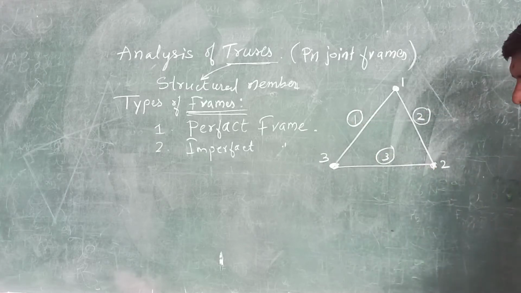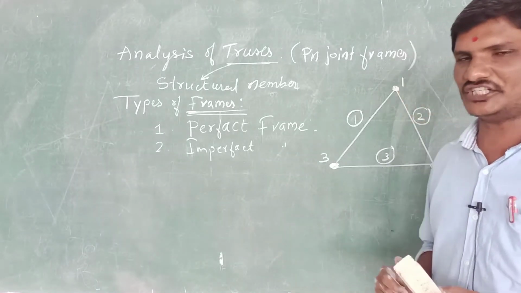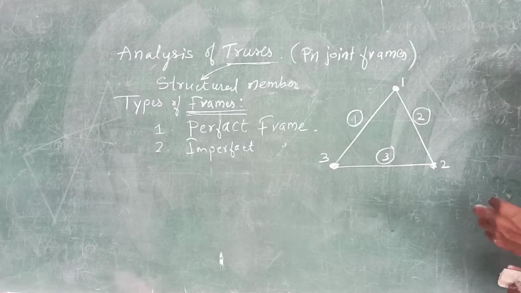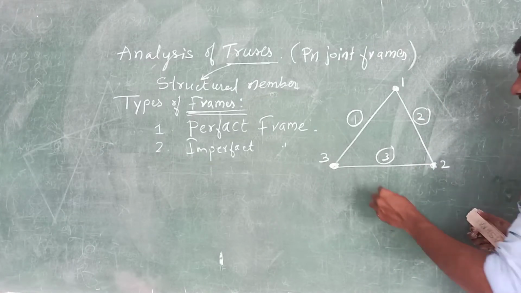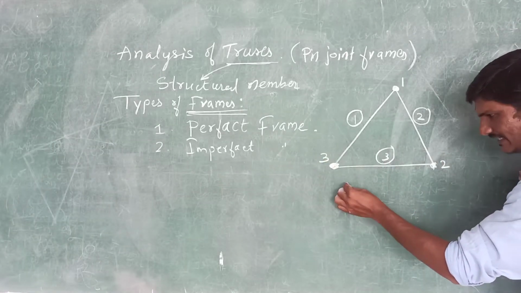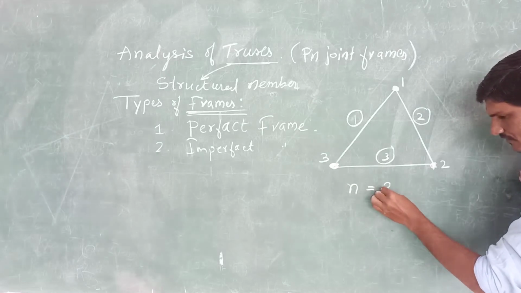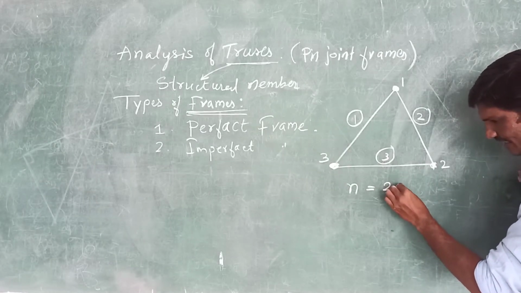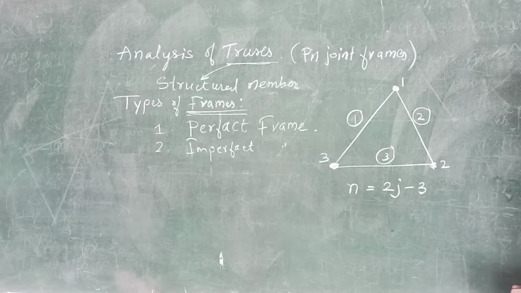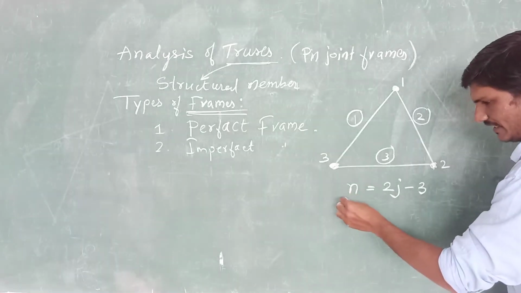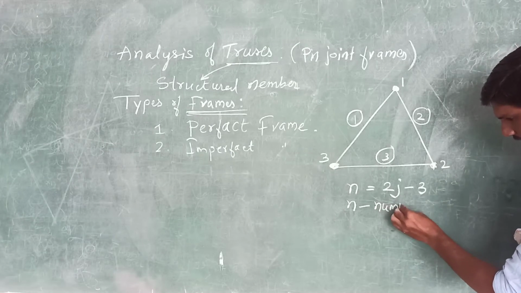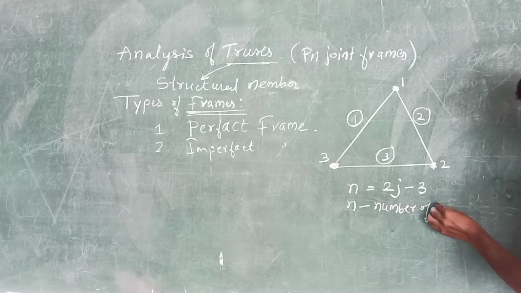When you apply the load, the body should be in equilibrium condition without any distortion of the given truss. Now there is one equation to satisfy this perfect frame: n is equal to 2j minus 3. Now define what n is, where n is the number of members.